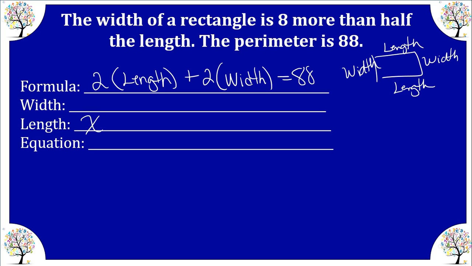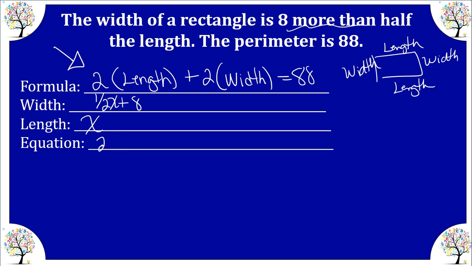Now let's take x and use it to write an expression to represent the width. It is 8 more than, so that's a flip-flop, so that flips to behind half the length. Half the length is half x. Now use the formula to write the equation.